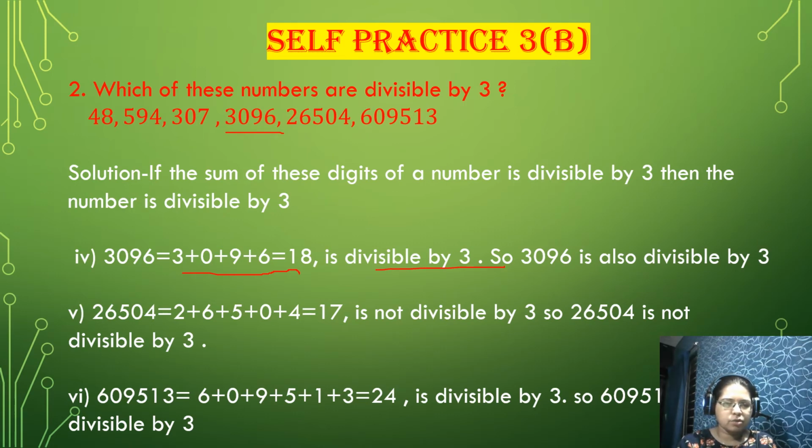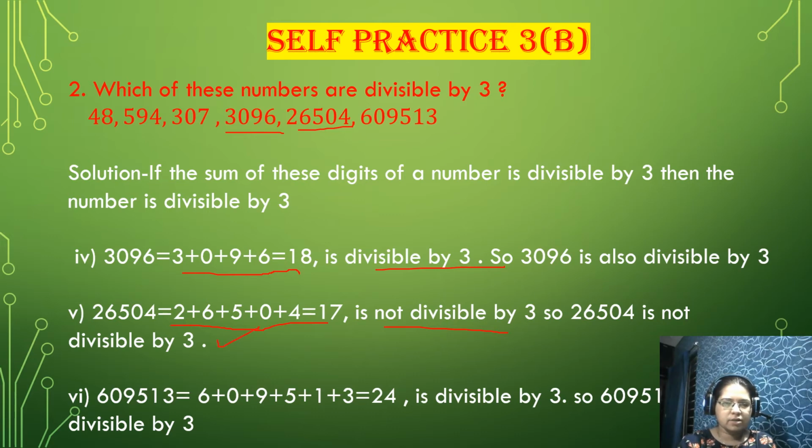Next number is 26,504. Here the sum of the digits is 2 plus 6 plus 5 plus 0 plus 4. 2 plus 6 is 8, 8 plus 5 is 13, 13 plus 0 is 13, 13 plus 4 is 17. 17 is not divisible by 3. So this number 26,504 is not divisible by 3.